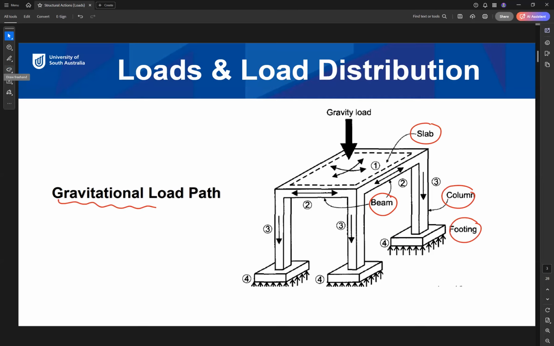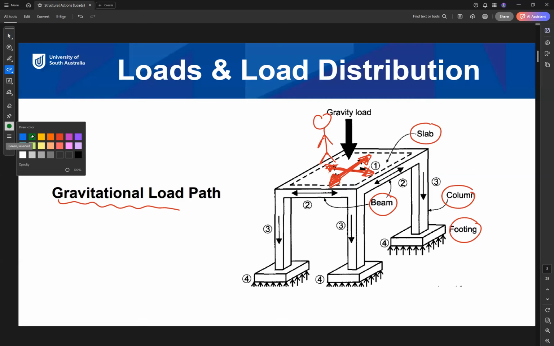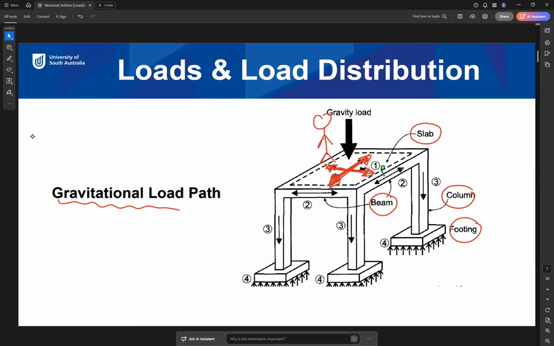For the gravitational load, which is any load applied vertically to this slab, like live load, this load will transfer in two directions like this through the slab. The slab will transfer its load to the beams. So this direction will send the load to this beam here, and this beam here, and this beam here, and this beam here.